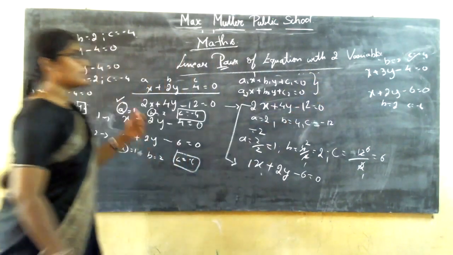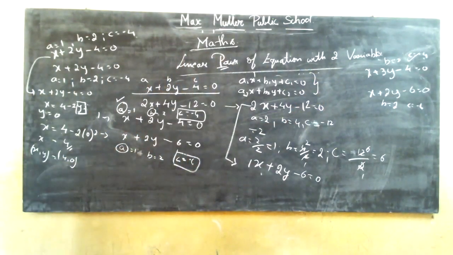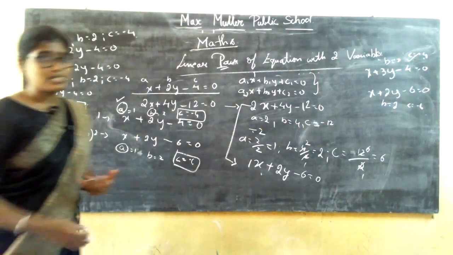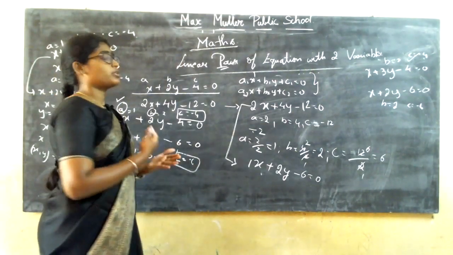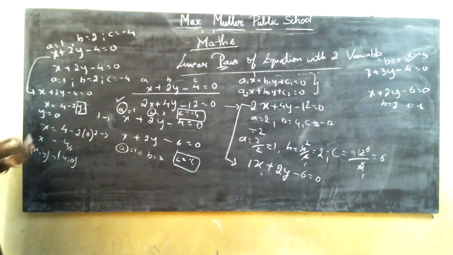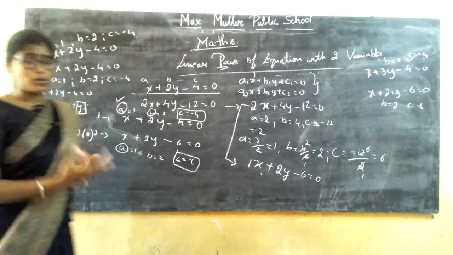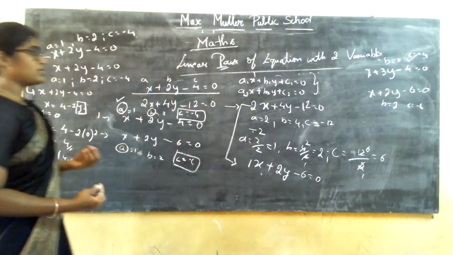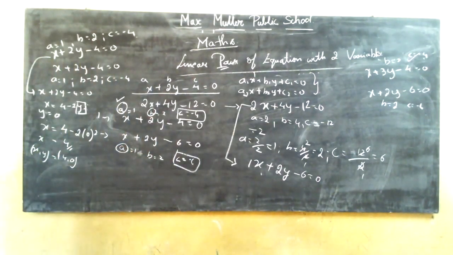Then after this we came across, if you have 2 lines, what are the combinations of those 2 lines? The different types of lines that can be drawn with those 2 lines are the intersecting lines, parallel lines and the coincident lines. So for the intersecting lines, what is the condition?